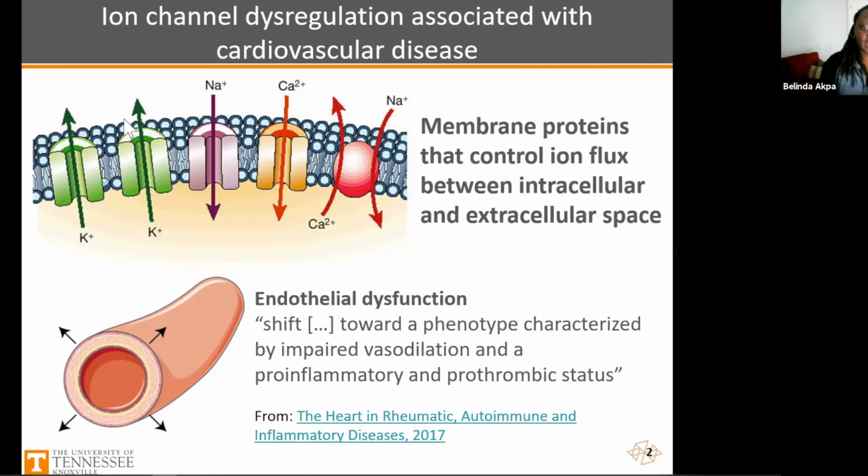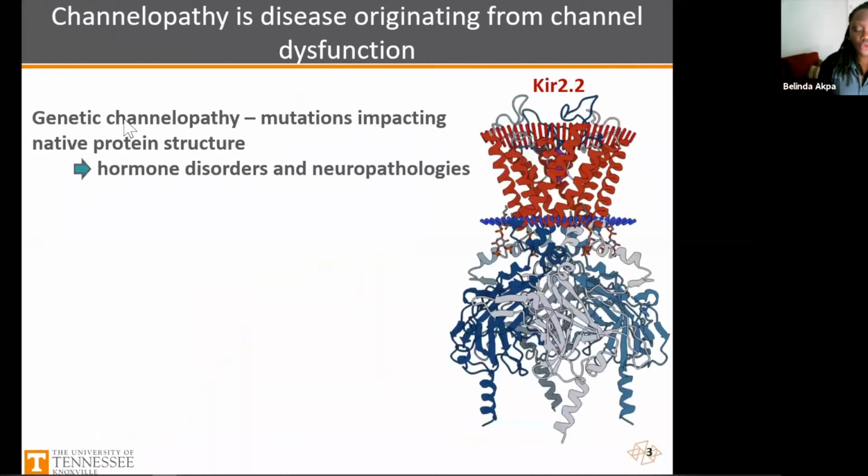And so in the setting of hyperlipidemia, which is elevated triglycerides and elevated cholesterol in the bloodstream, you're going to have an example of ion channels responding to that context by changing their function in a way that impairs their ability to respond to blood flow. I'll talk a little bit more about what I mean by changing their function as we move forward.